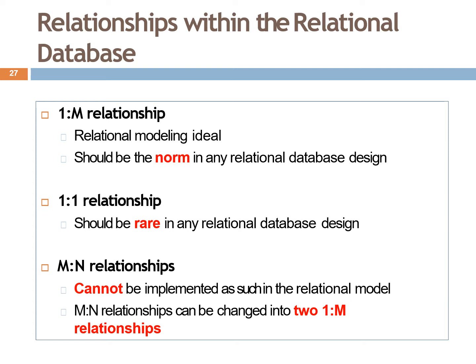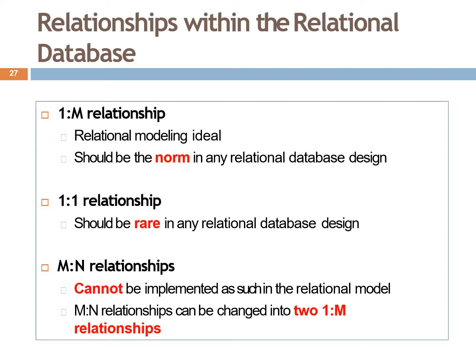Now we look at another element of the relational database, which is relationship. Relationship will connect one table to another table, or in another term, one entity to another entity.